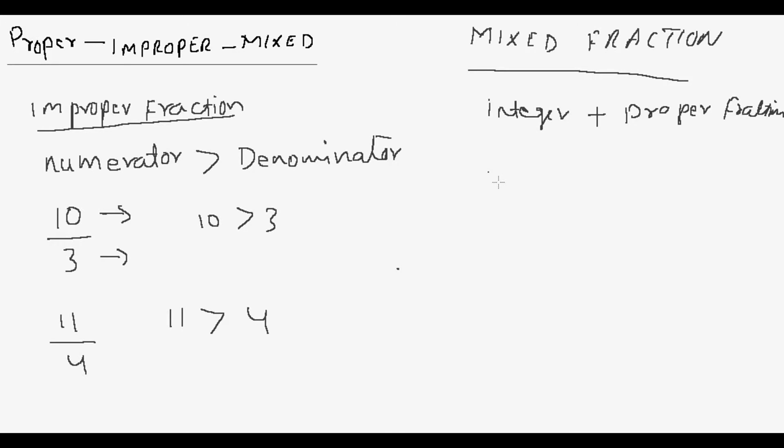For example, in 3 3/5, 3 is the integer part and 3/5 is a proper fraction.